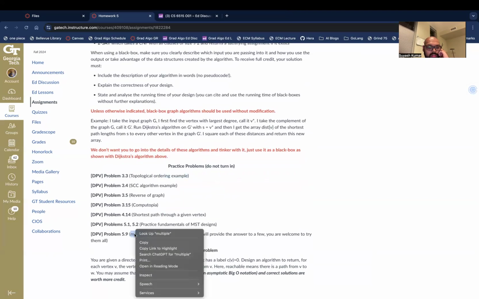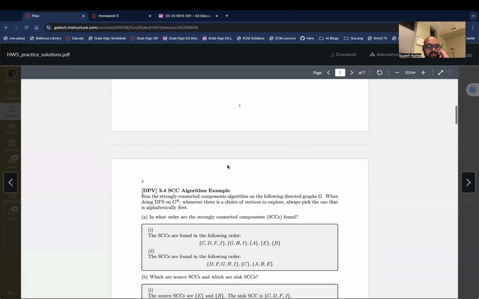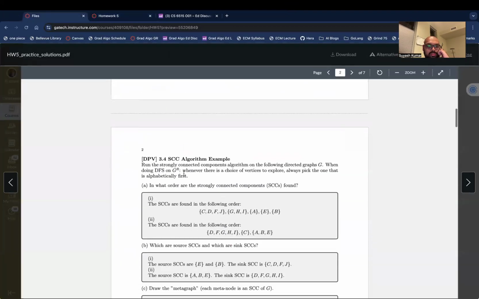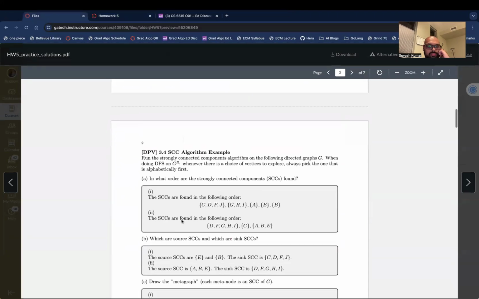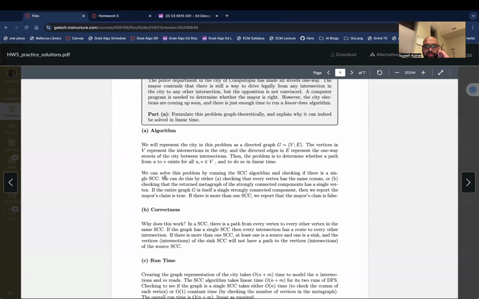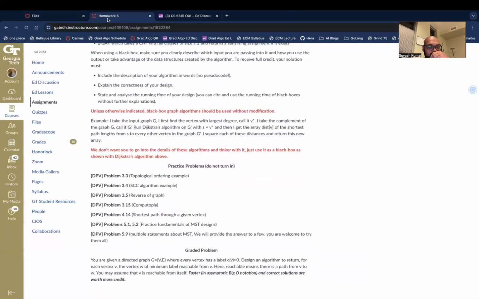multiple statements about MST. Okay, let's see what the solution is like. How is this practice problem? This doesn't tell me how to actually. Okay, this is 4 3.15. Computopia.